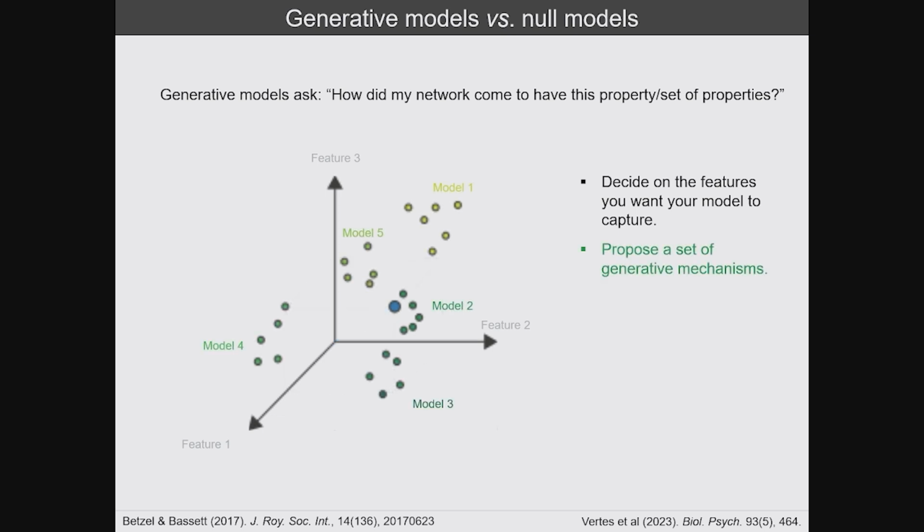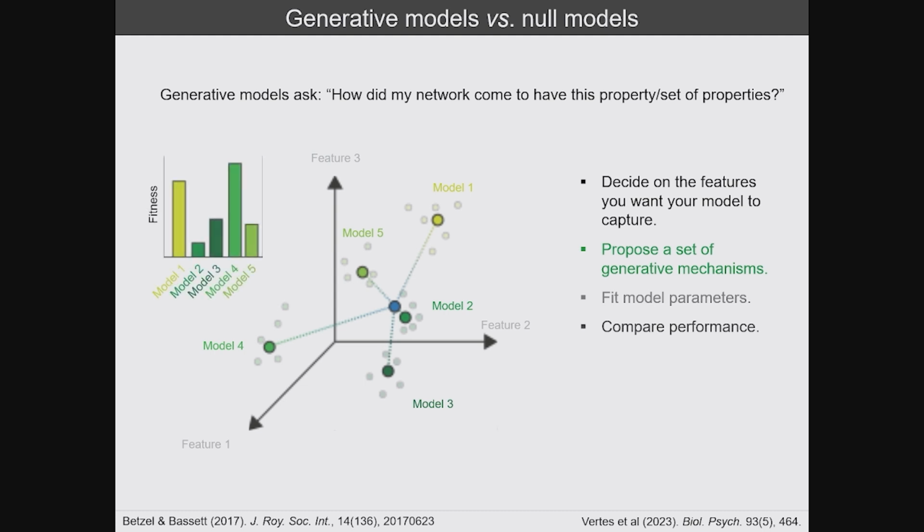We have to propose a set of generative mechanisms, a set of models or rules that give rise to synthetic networks, right? We can fit the parameters of those models, try to get them as close as possible to the real thing, to our observed network. And when we're done with that, we can compare performance. We can ask which of these wiring mechanisms, which of these synthetic networks, get as close as possible to our observed network.